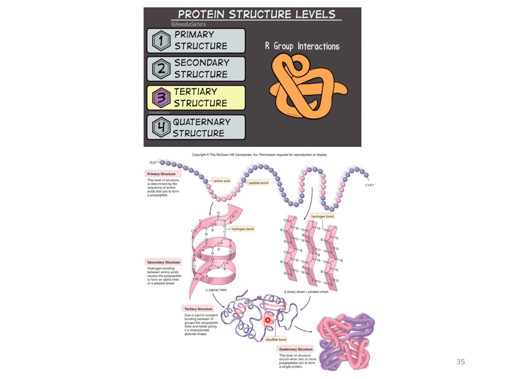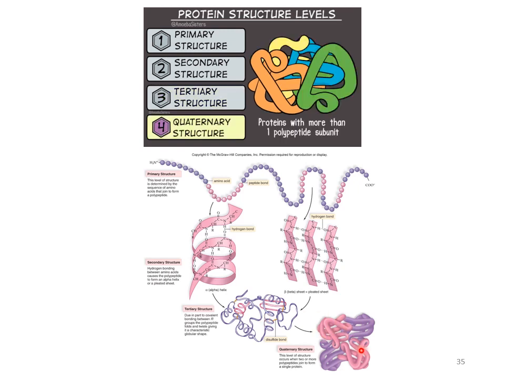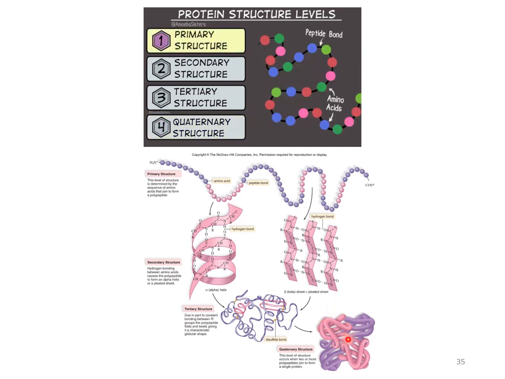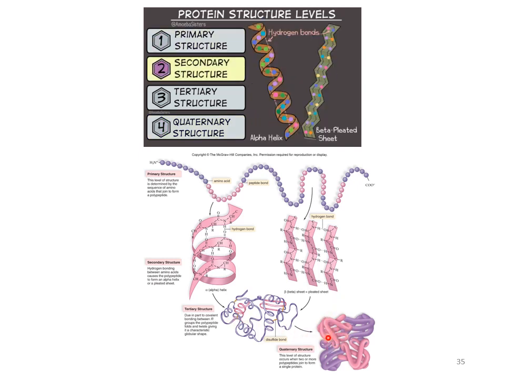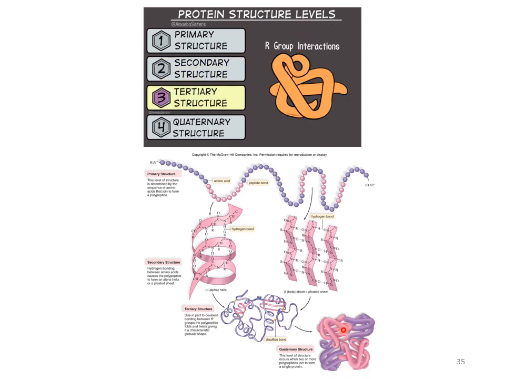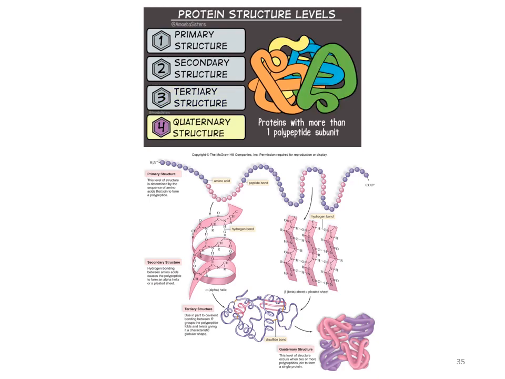And finally, you have multiple subunits coming together to make that globular tertiary structure into a quaternary structure of multiple subunits, and then you end up having things like prosthetic groups added to it.